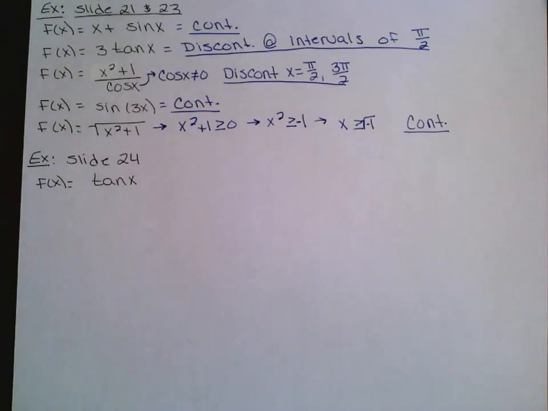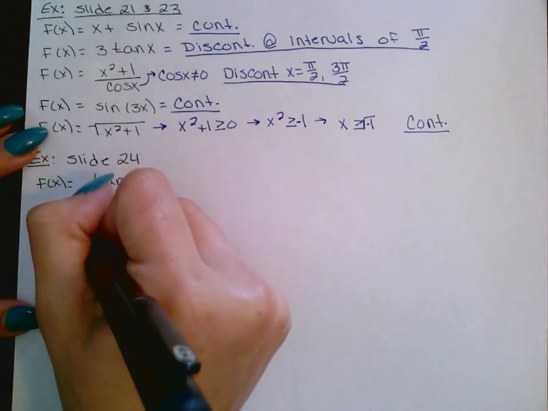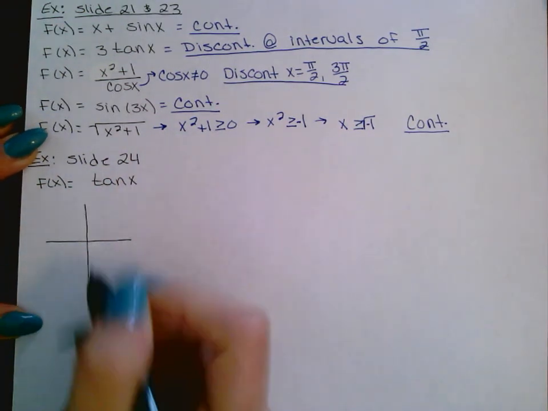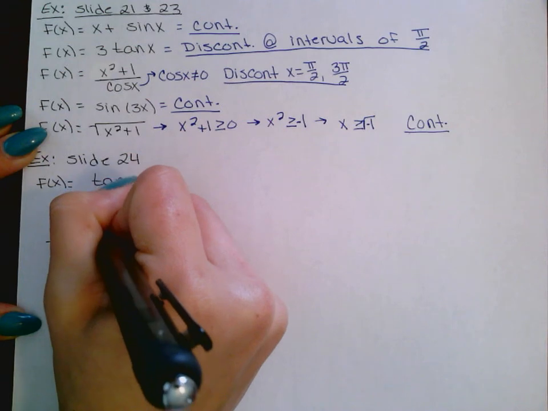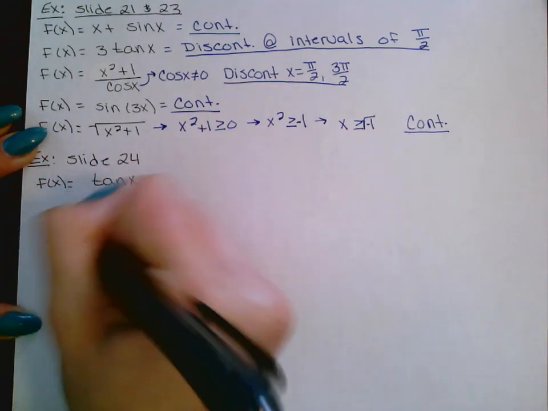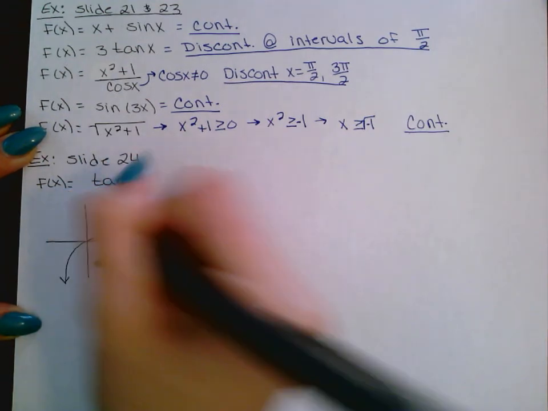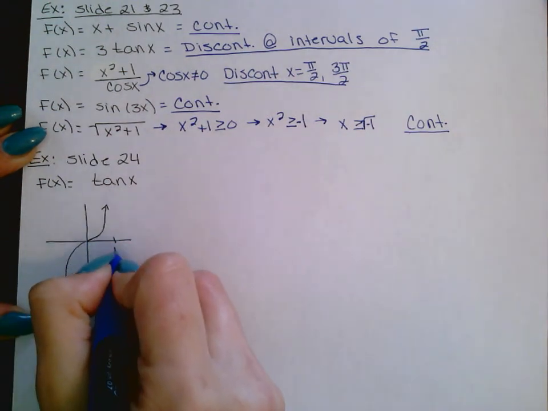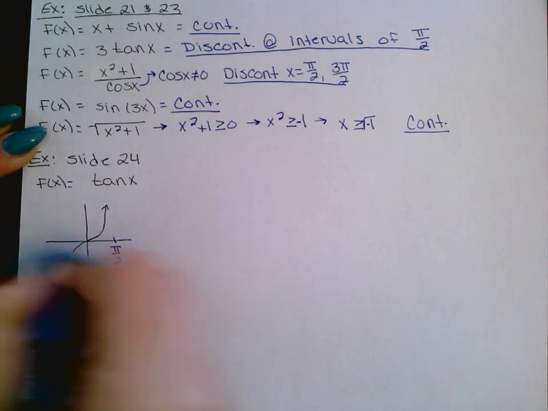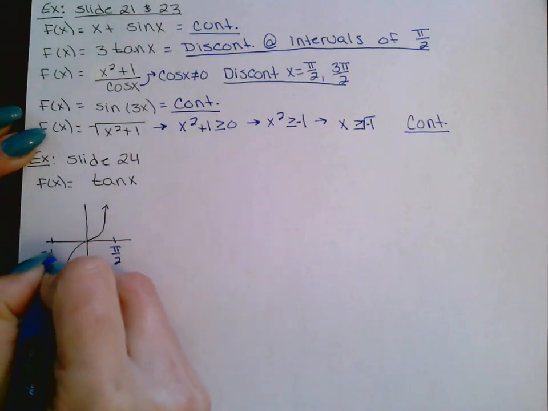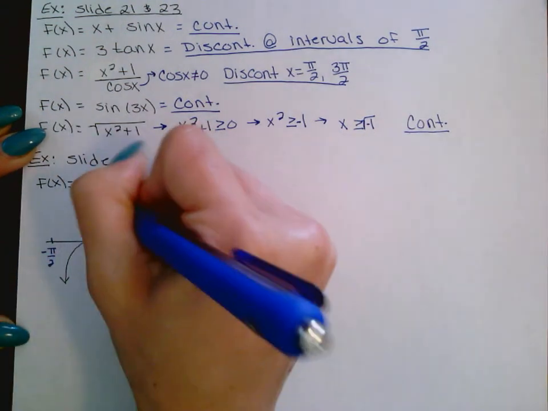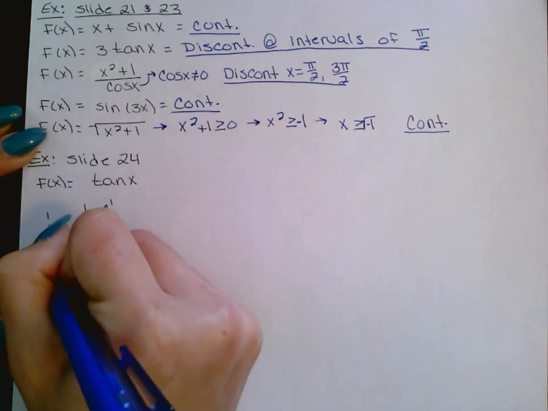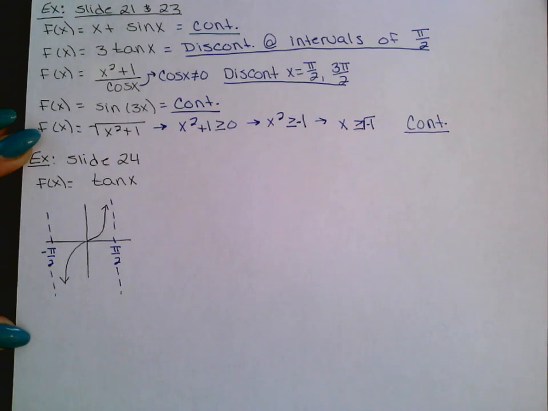All right, I'm going to take a moment and break down this tangent graph for you a little bit more. So we should remember that tangent looks a lot like an x cubed graph. Okay, but they have asymptotes at pi over 2 and negative pi over 2. Now, remember, this is just one cycle.